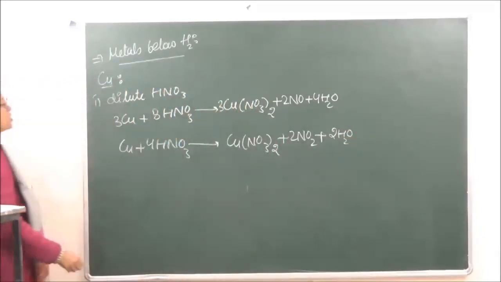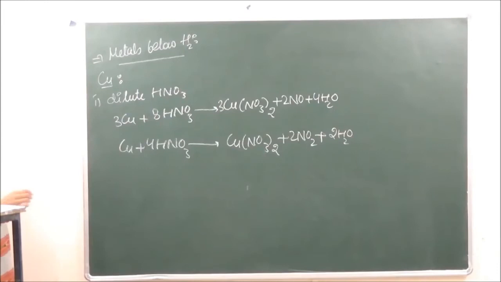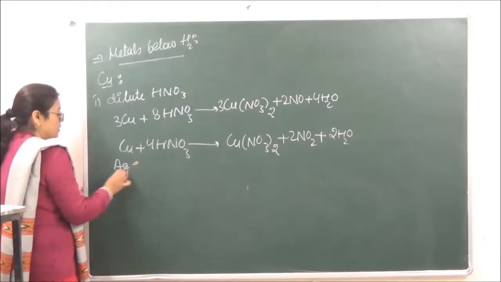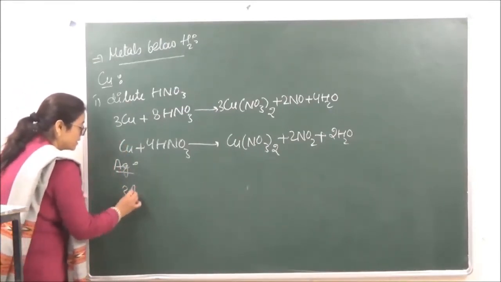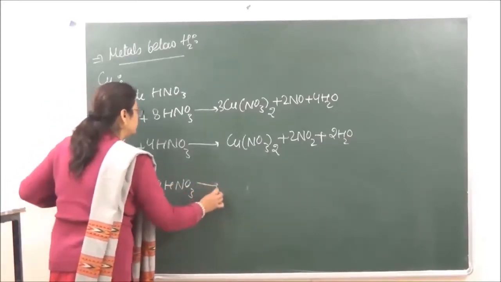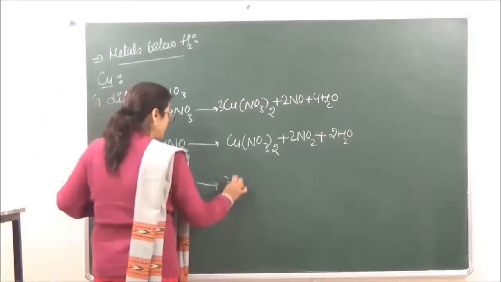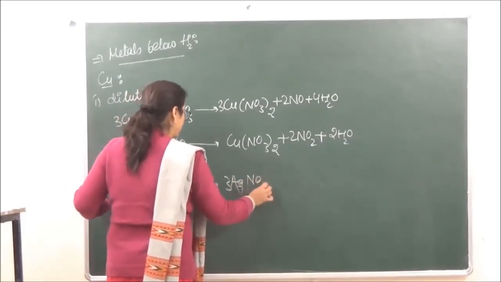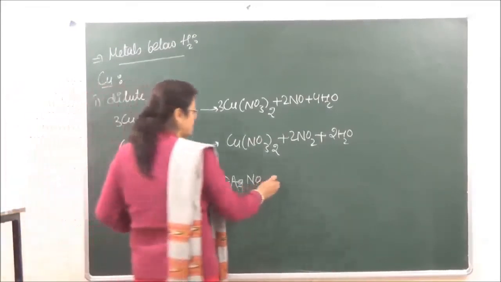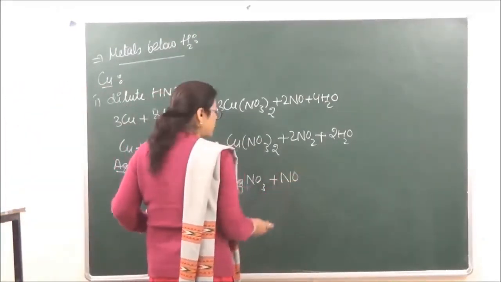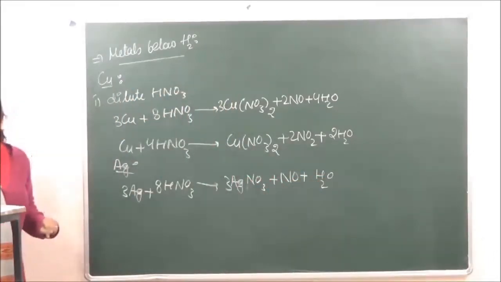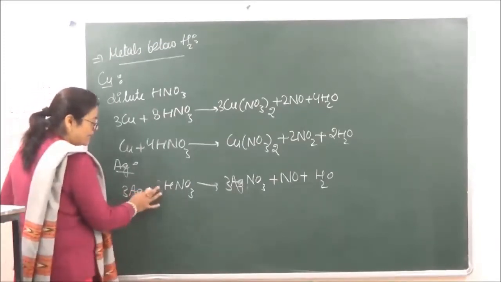Silver also reacts in a similar manner. So if you're doing the reactions with silver, they are going to be absolutely the same reactions. With dilute acid we are going to get silver nitrate plus nitric oxide plus water. So this is going to be the reaction; balance it yourself.